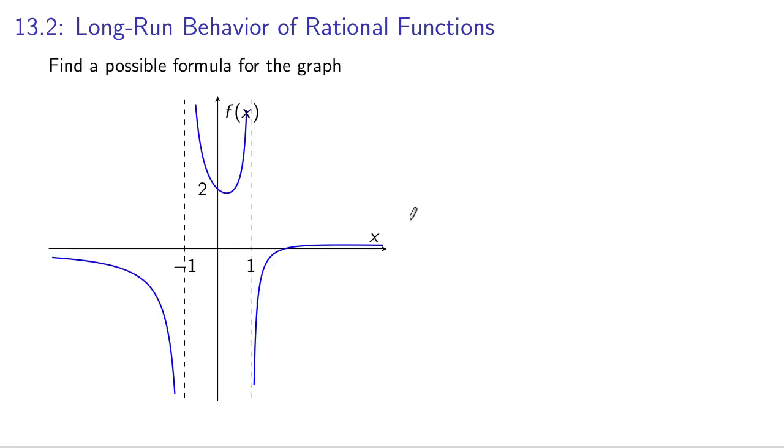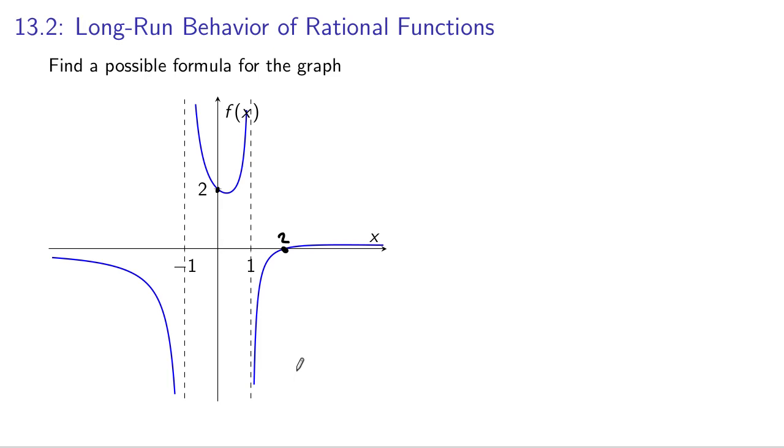Now, going backwards, let's find a possible formula from a graph using the features of the graph. So here we have a y-intercept at 2. We have a 0 at 2, which just didn't get labeled, but that's where that is on the x-axis at 2.